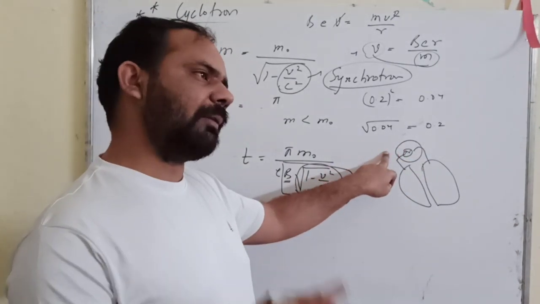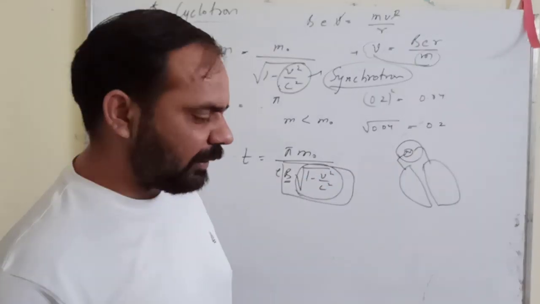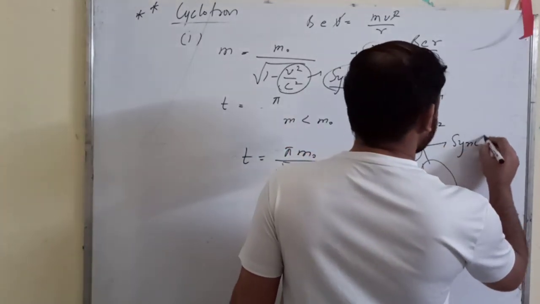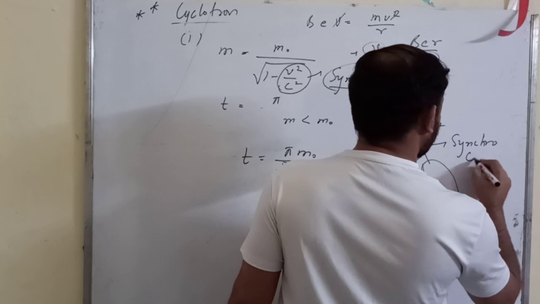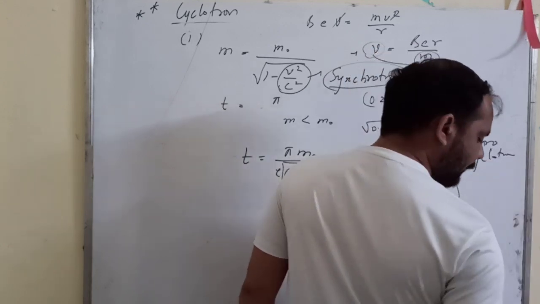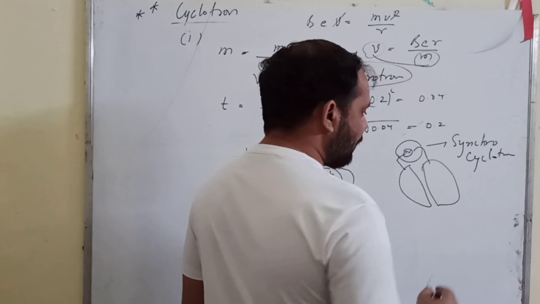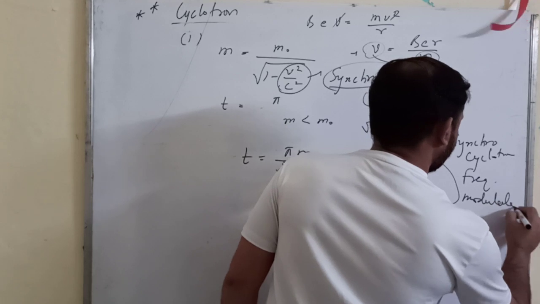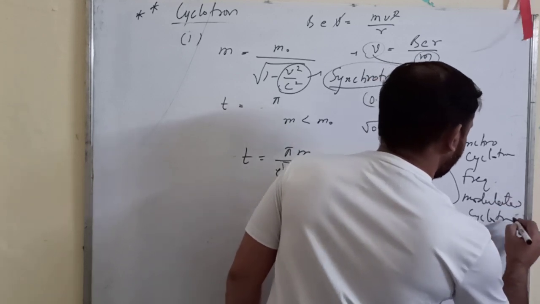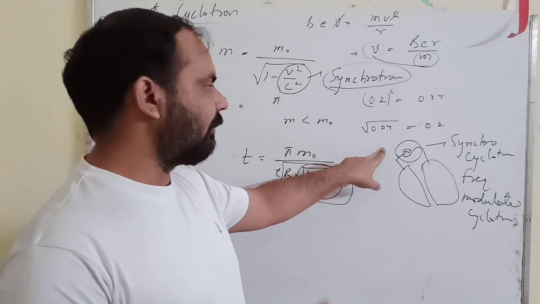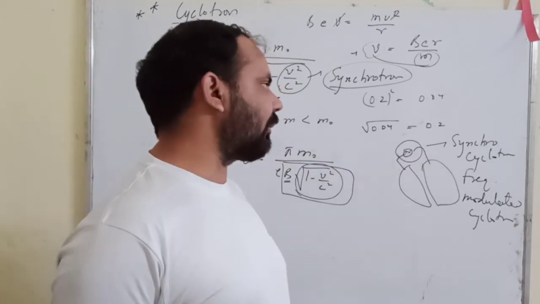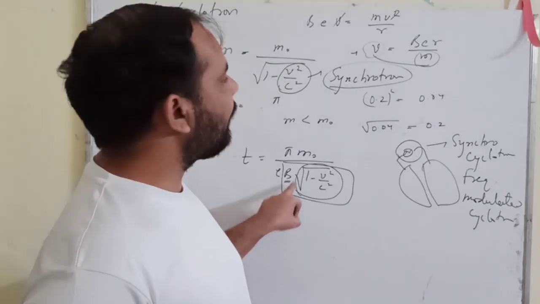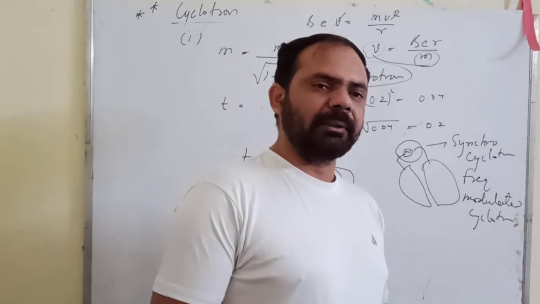If you are adjusting the frequency of the alternating source of EMF, then that type of cyclotron is called a synchrocyclotron, or another name is frequency modulated cyclotron. If you adjust the strength of the magnetic field, then that cyclotron is called a synchrotron.